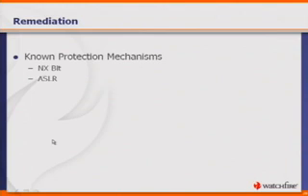Okay, so what can we do in order to protect ourselves? There are some known protection mechanisms, such as the NX bit. The NX bit enables you to define some memory pages as executable and some as not executable.